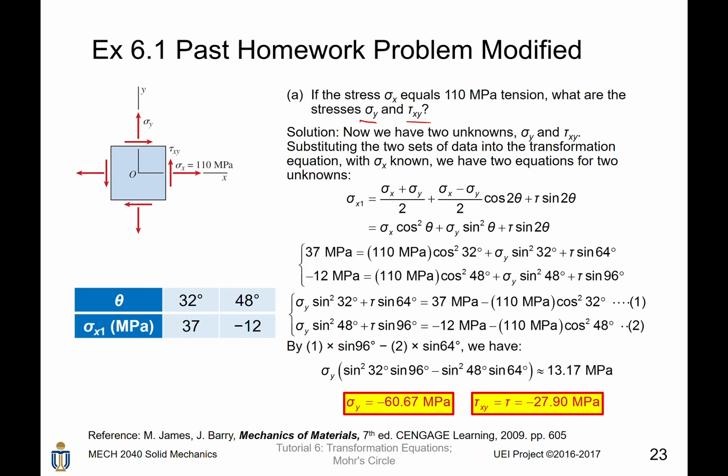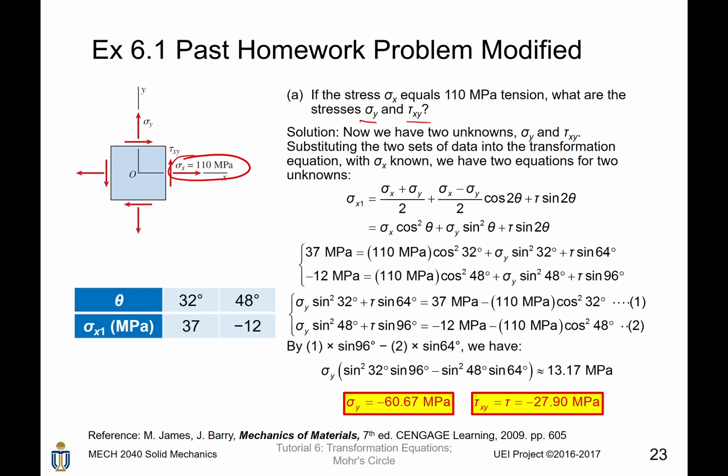Since we know sigma x equals 110 MPa, we also know theta, which is 32 degrees, and 48 degrees for the next case. So let's have a look at this transformation equation. It can be rewritten in this form, which is sigma x cosine squared theta plus sigma y sine squared theta plus tau sine 2 theta, where tau is just tau xy.